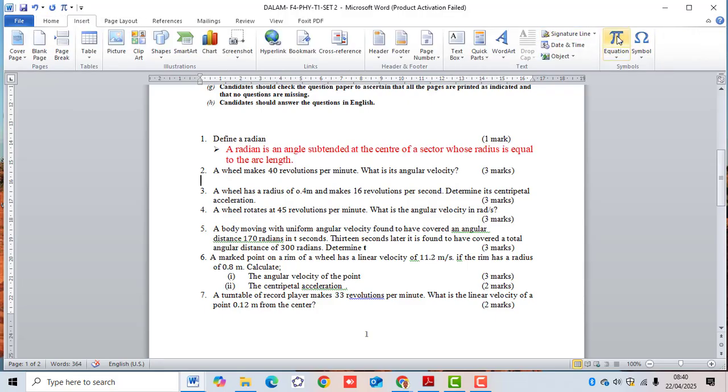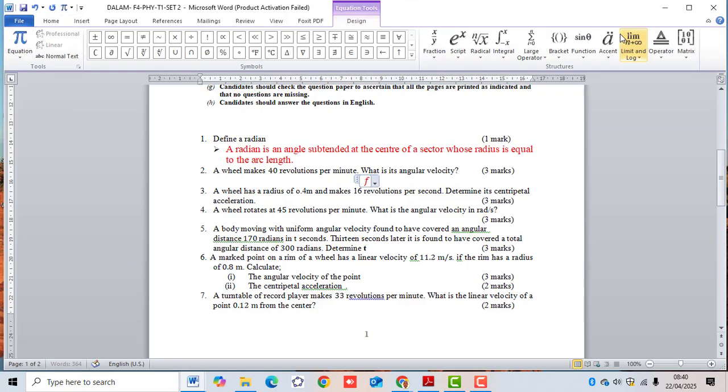So our frequency there, which is denoted by letter f, will be clearly 40 revolution per minute. But for frequency, it should be per second.